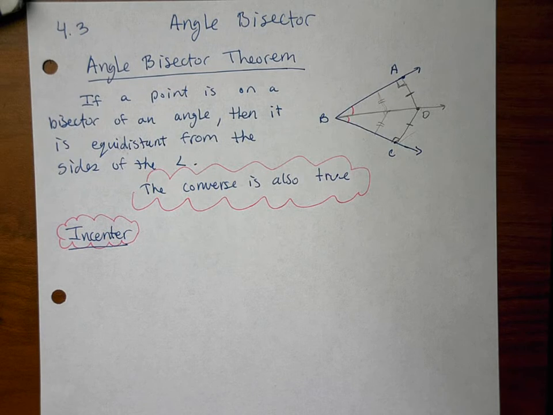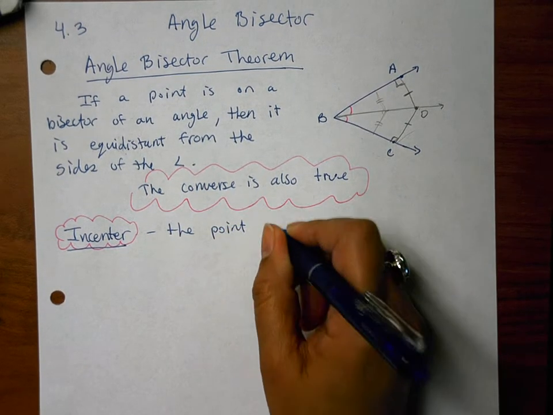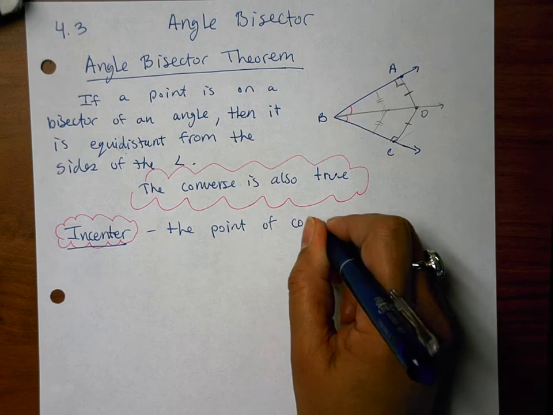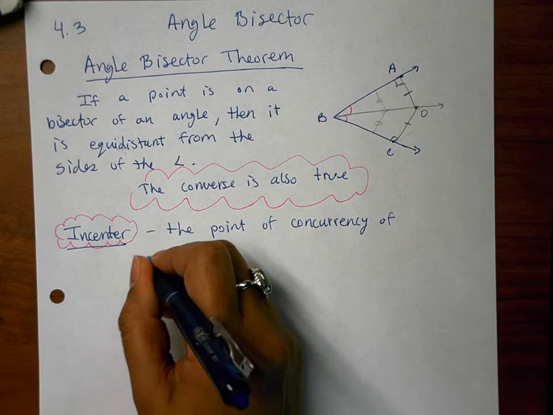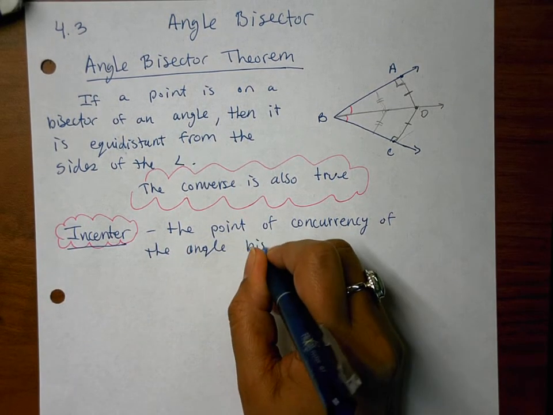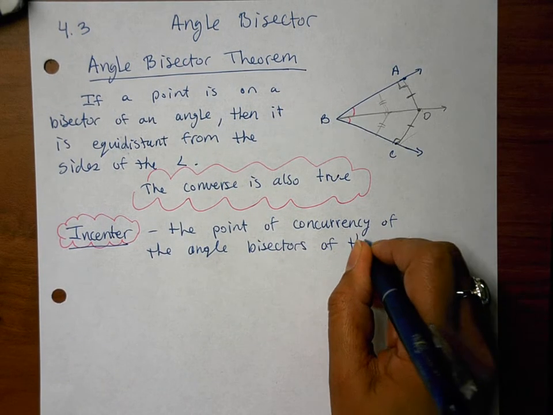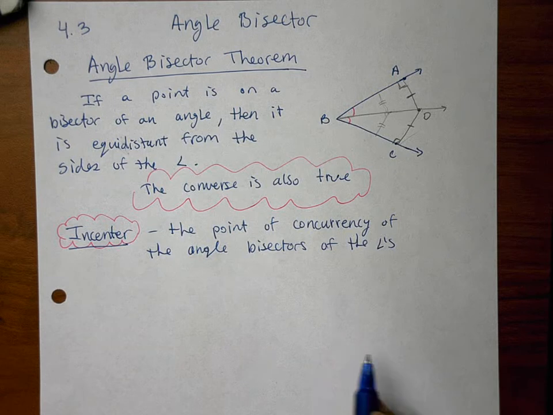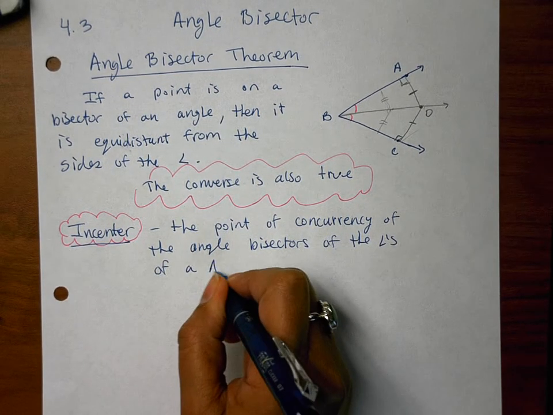The incenter is the point of concurrency of the angle bisectors of the angles of a triangle.